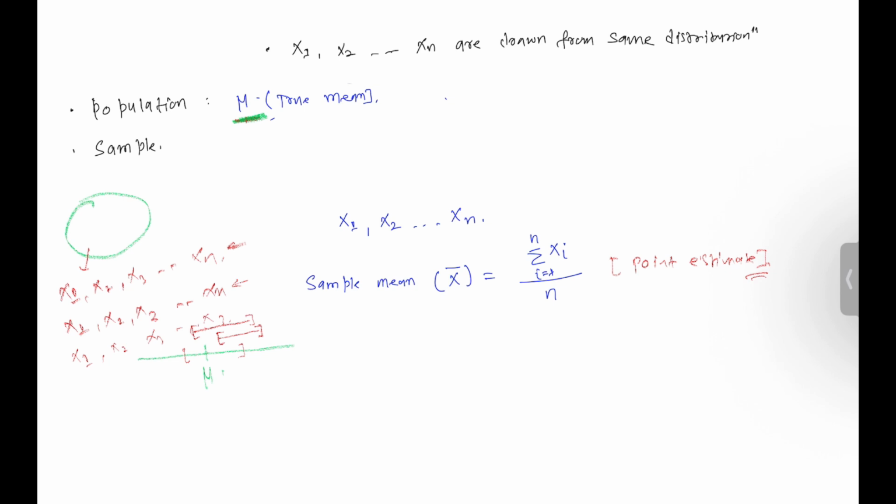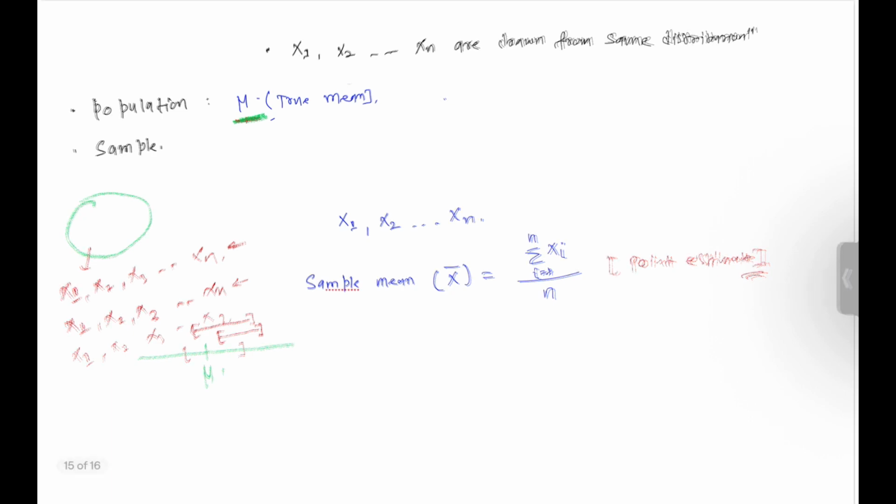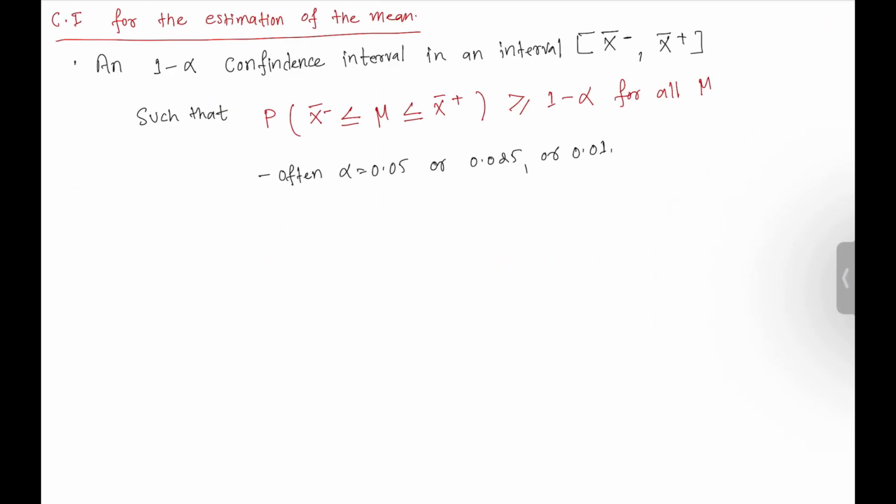So now let's try to define the confidence interval formally. I think you have got the interpretation of the confidence interval. We are talking about the interval that we built around the sample mean.